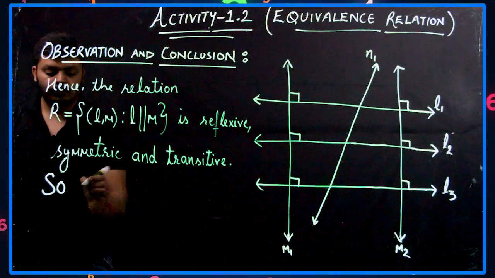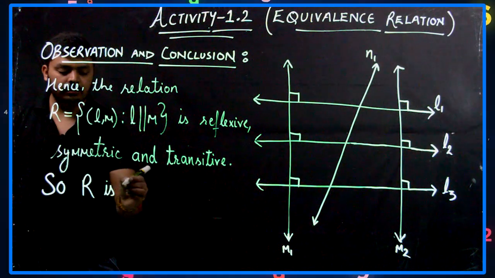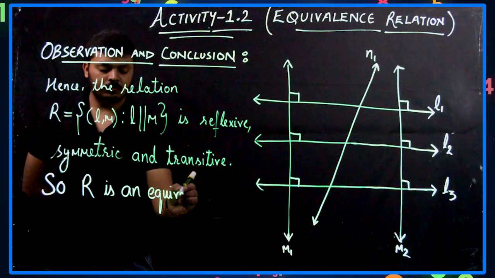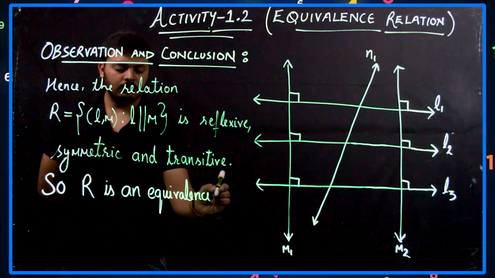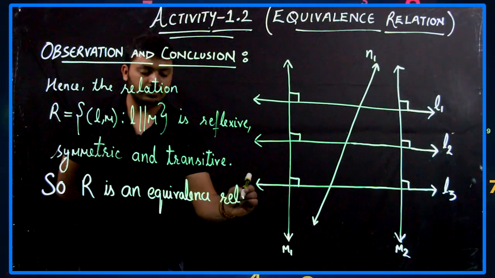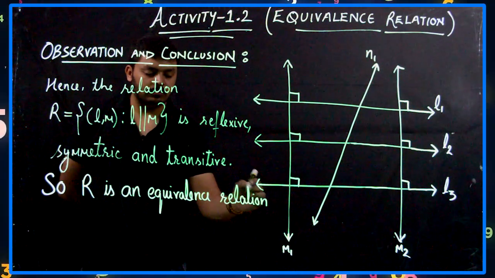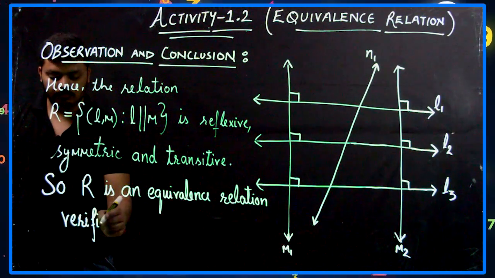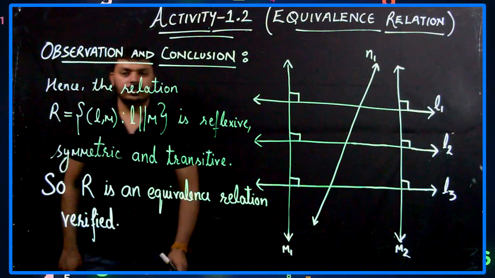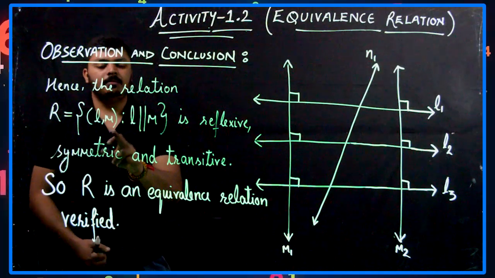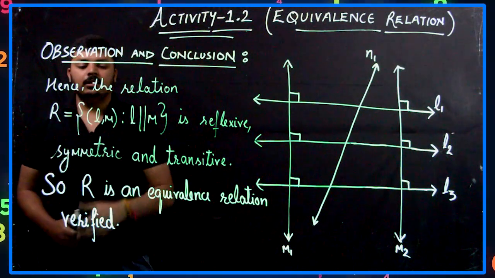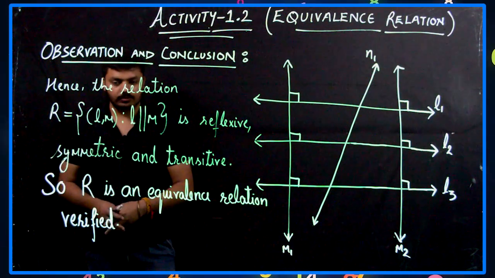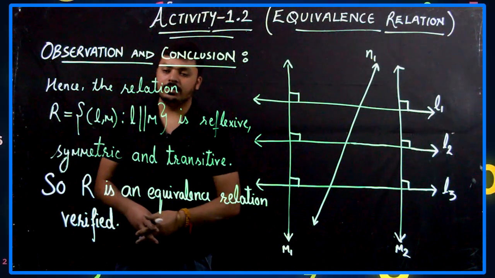So R is an equivalence relation, verified. Since the relation R equals (L, M) such that L is parallel to M is reflexive, symmetric and transitive, we can say that R is an equivalence relation.